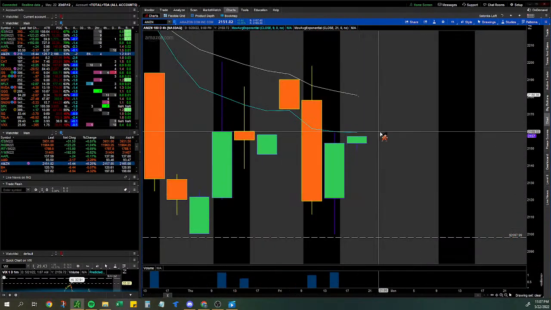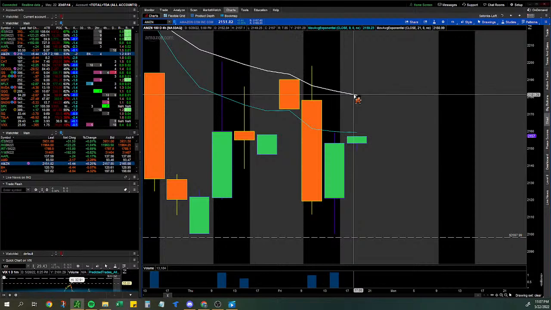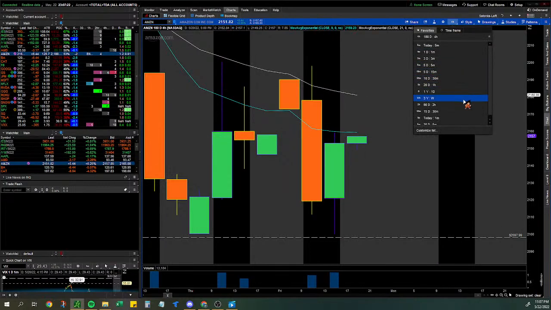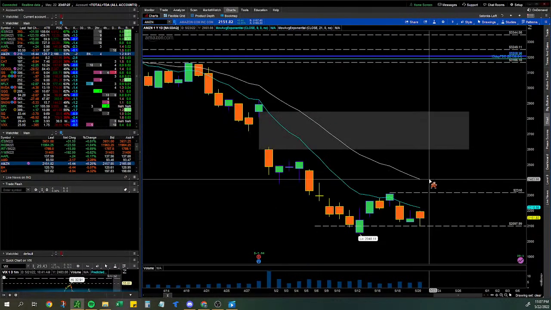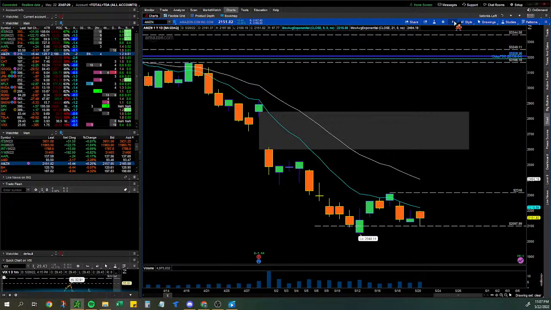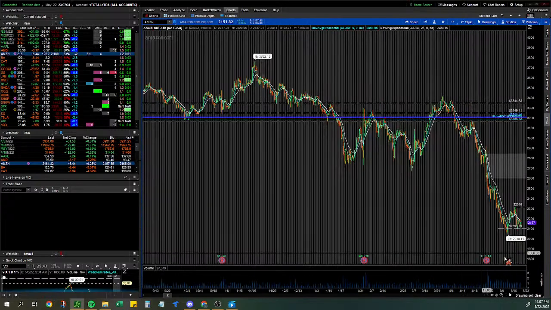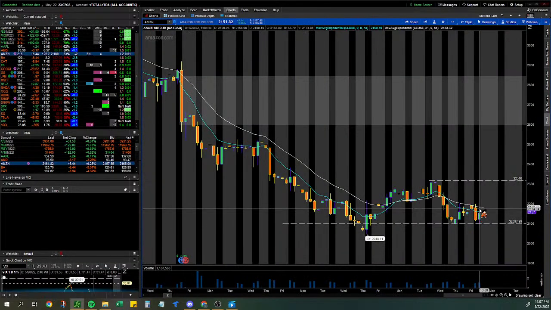Why? Because on the 4 hour, to vacuum through would just be getting above 2180. Not hard. It could be there by morning. On that daily, that 21 sits way up at 2400, versus the 4 hour, which sits at 2180.